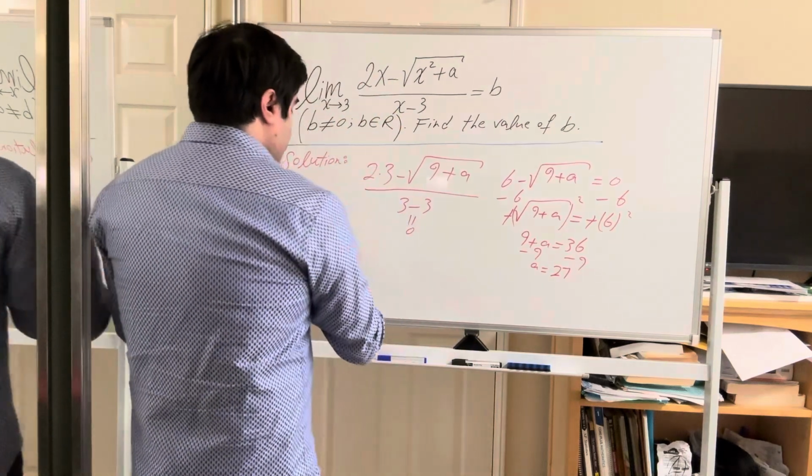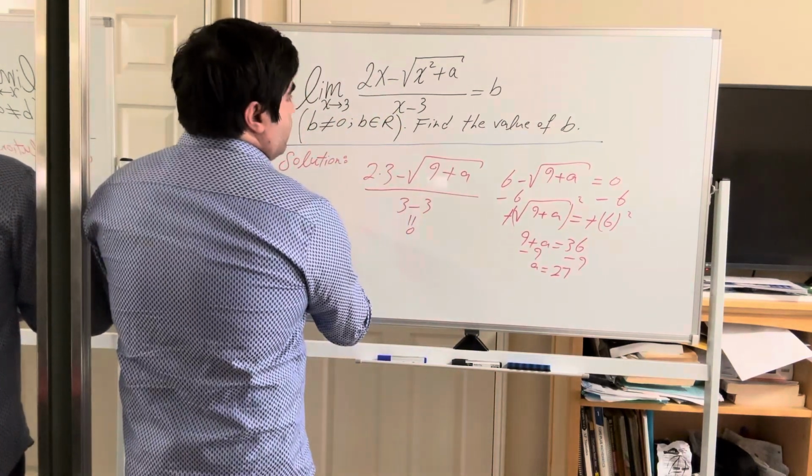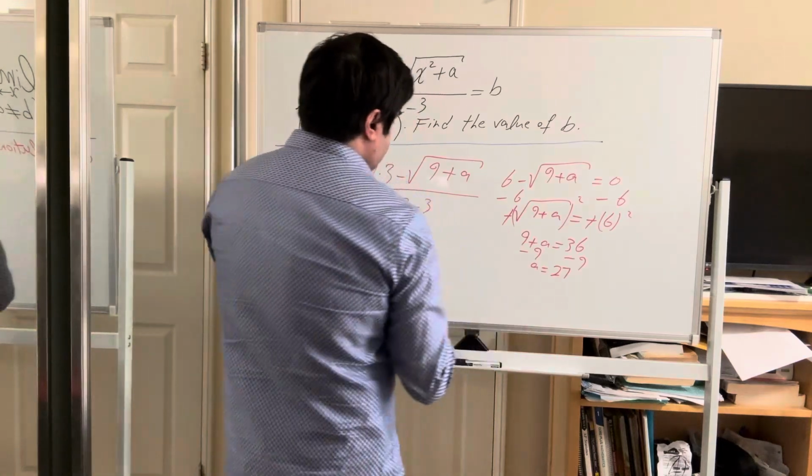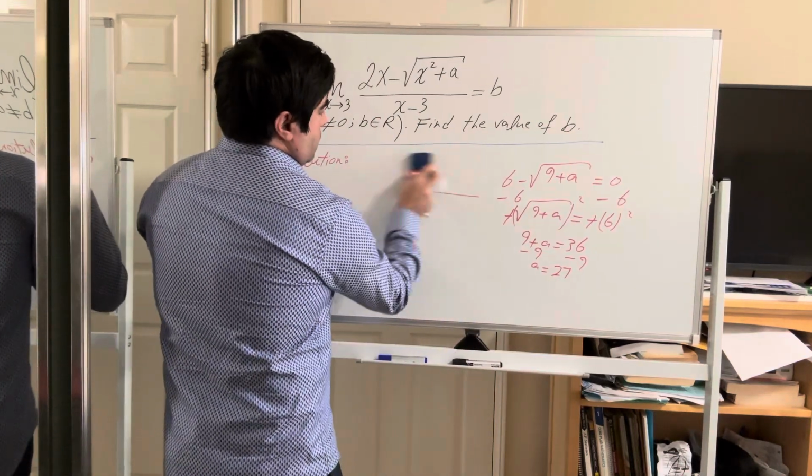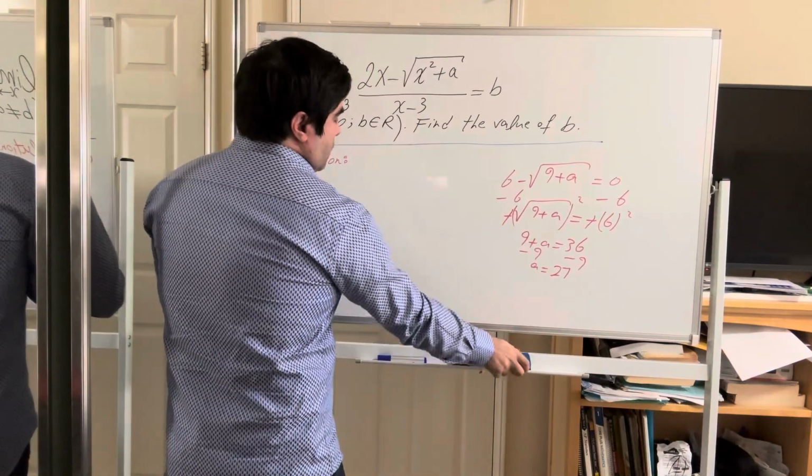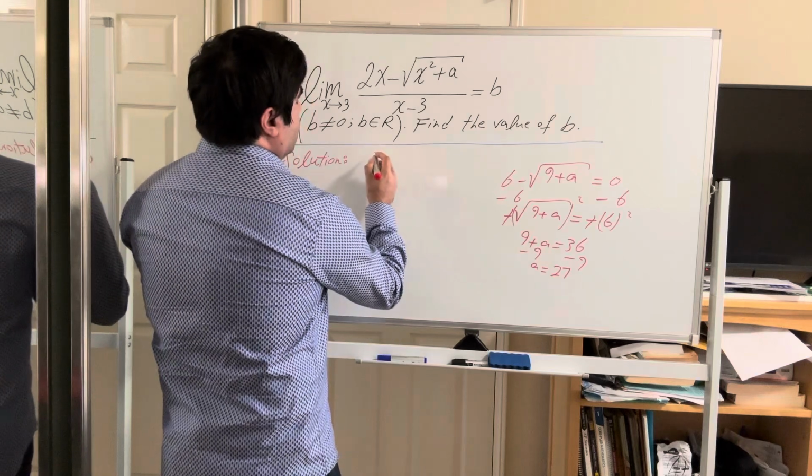And L'Hopital's rule says that you take the derivative of the numerator and you take the derivative of the denominator. So let's do that. Let's erase this part of the board. I'm going to take the derivative of the numerator.